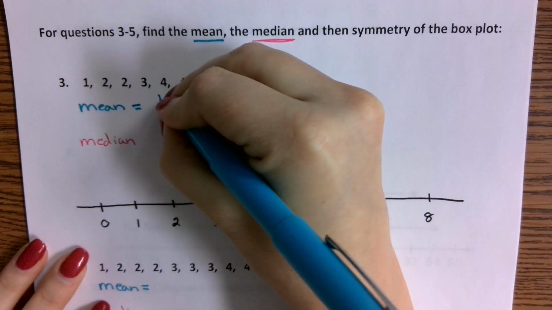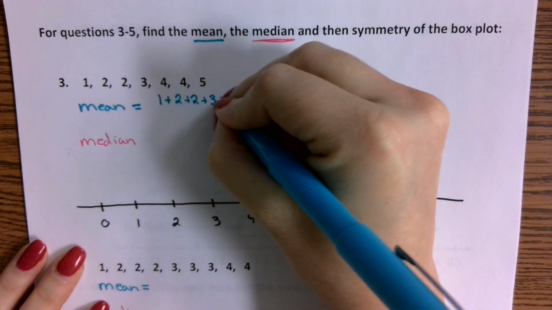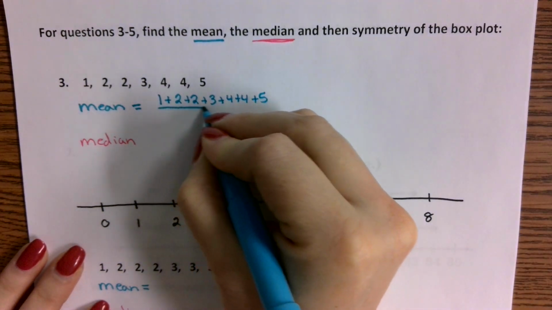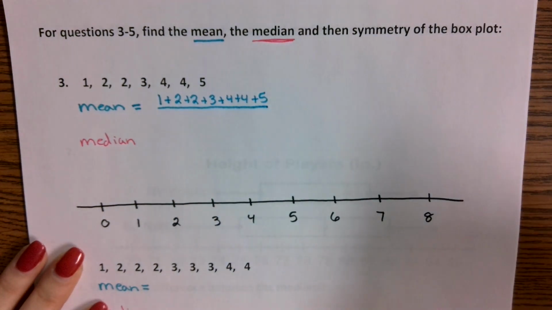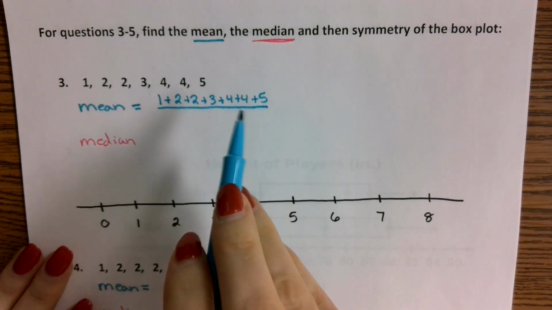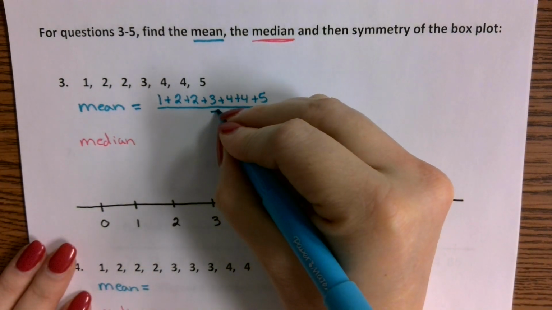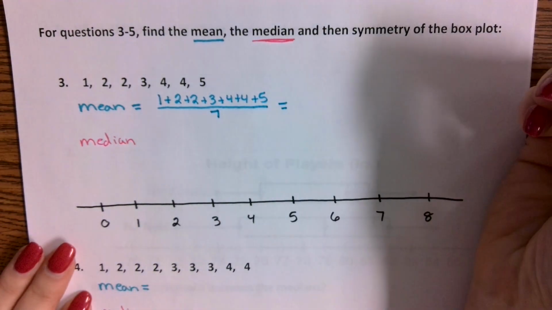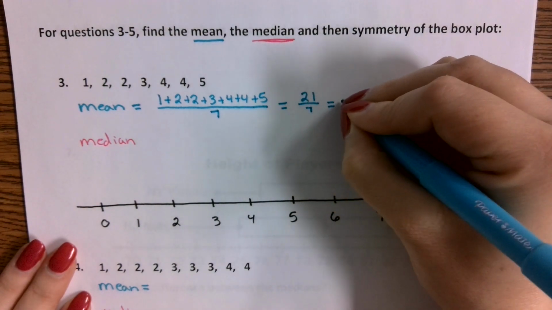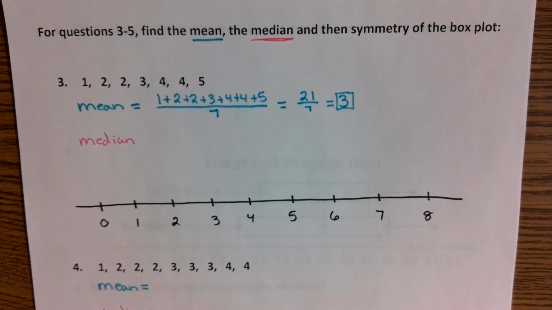So we're going to add 1 plus 2 plus 2 plus 3 plus 4 plus 4 plus 5, and then divide by how many numbers we have, which is 7. When we add all of this together, it gives us 21, and 21 divided by 7 comes out to 3. So the mean is equal to 3.